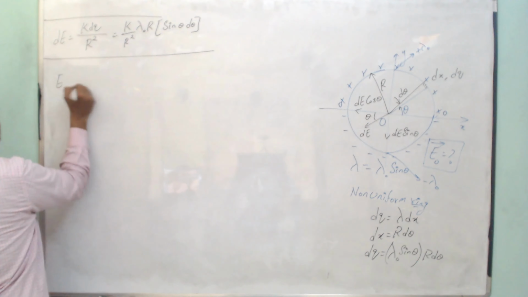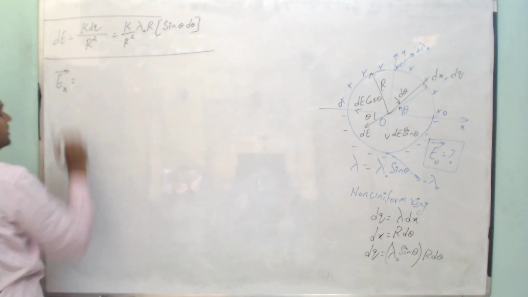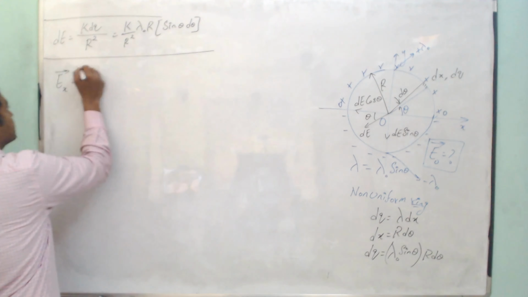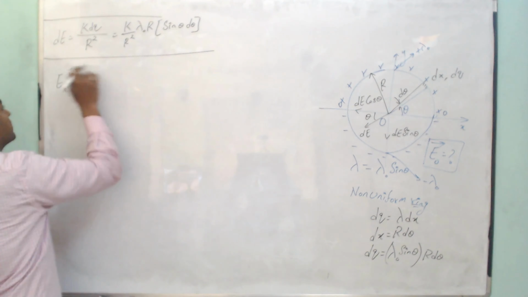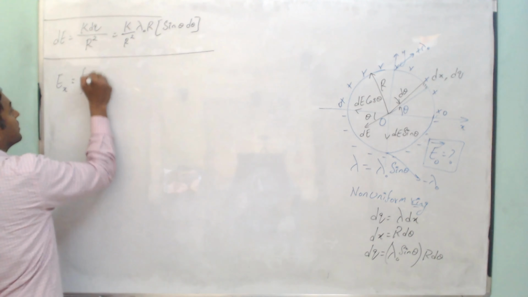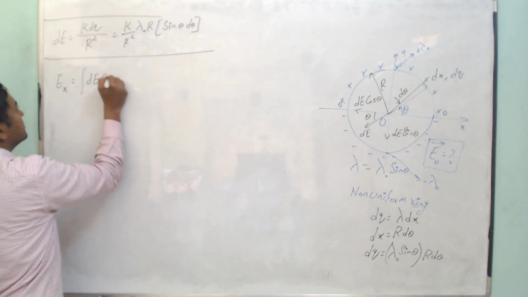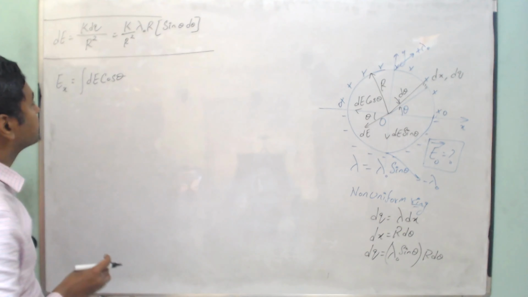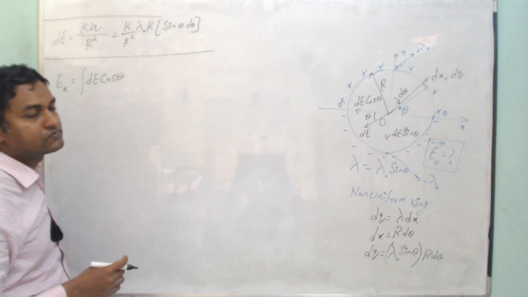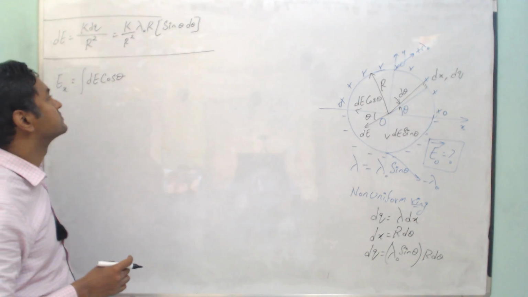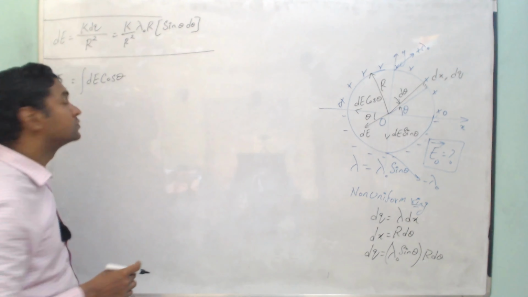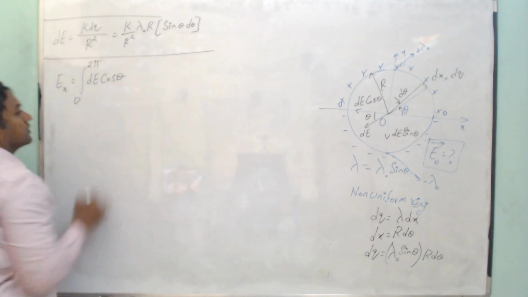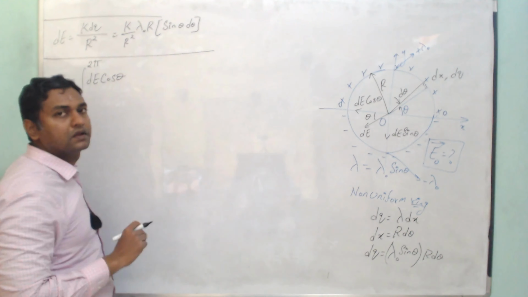So if you're talking of dE cos theta, that means we are getting Ex, right? It can be written as, I will remove the vector form right now, just write the integral part. We can write it as dE cos theta, right? What are the limits of theta? 0 to 2 pi, right?